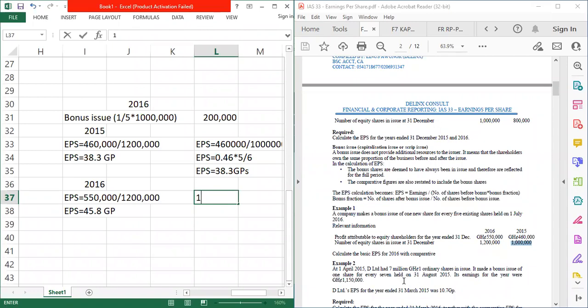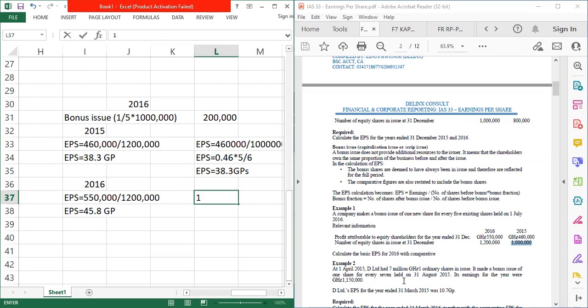Let's look at example 2. Example 2 will tell us more about that. At April 1, 2015, D Limited had 7,000,000 Ghana ordinary shares in issue. It made a bonus issue of 1 share for every 7 held on 31st August.